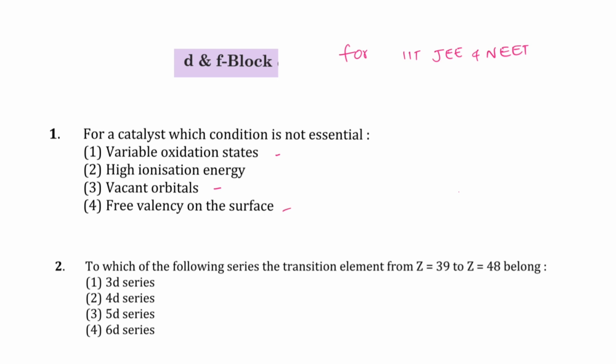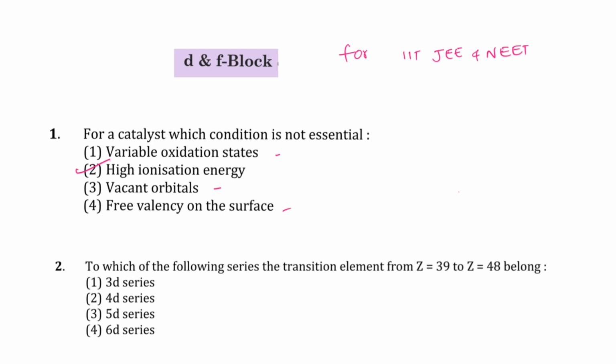So these three are the conditions that make d block elements good catalysts, but high ionization enthalpy is not a condition for a catalyst.